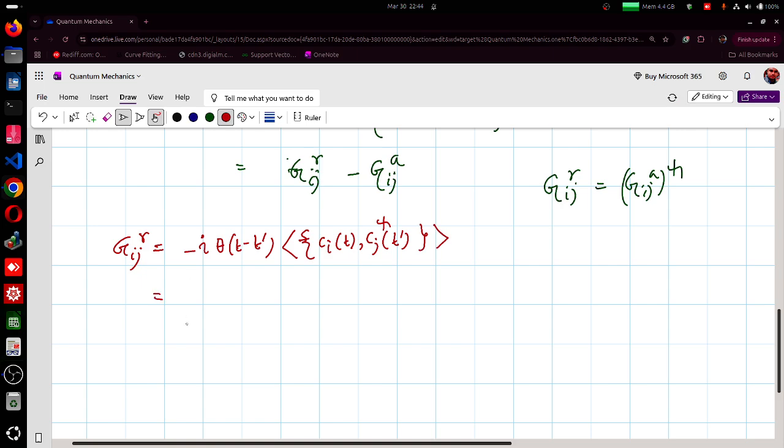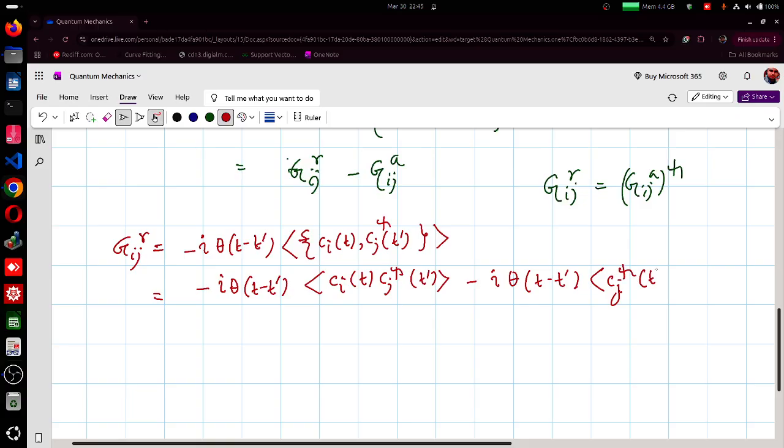So we can simplify this as minus iota theta(t minus t') expectation c_i(t) c_j†(t') minus iota theta(t minus t') c_j†(t') c_i(t).